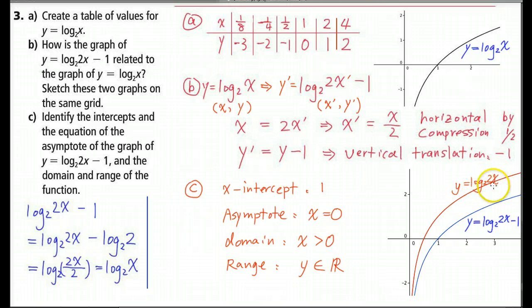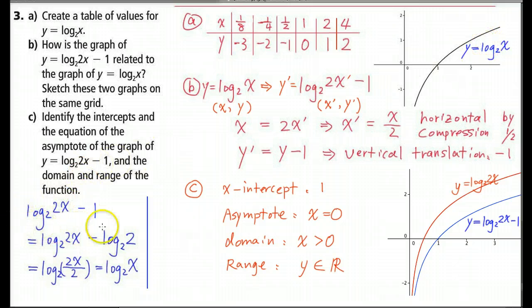That's a horizontal compression by half, so we should get something like this. And then based on the red one, we have a vertical translation 1 unit down. If you go 1 unit down, you get back to this function which is exactly the same as the original one.